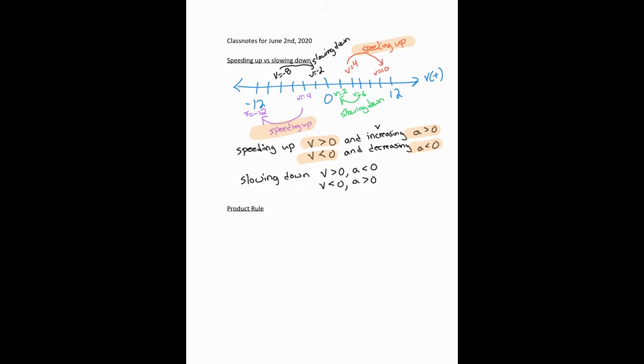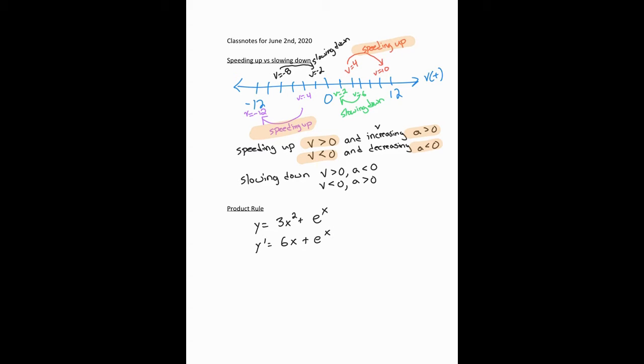And product rule. So for context for product rule, so far when we've been taking derivatives of sums, like if you had y is equal to 3x squared plus, let's say, e to the x, you would know that you could just take the derivative of each part and add them together. So the derivative would have been 6x plus e to the x.